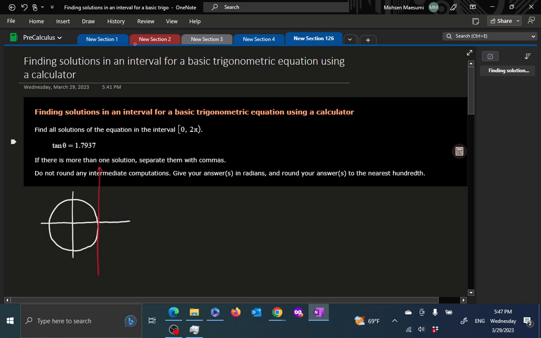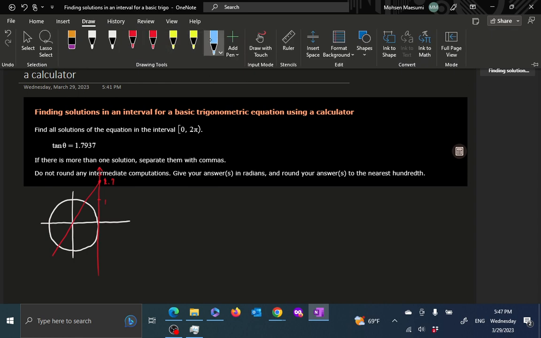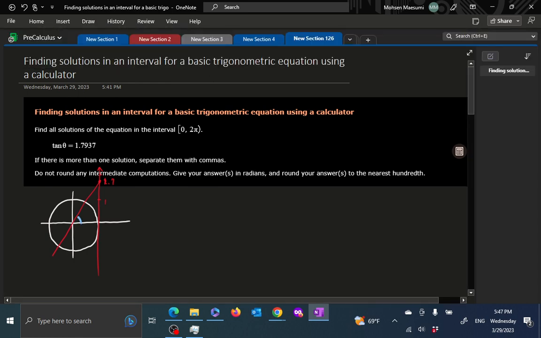On that tangent axis, we go and find 1.7. So remember, radius is 1. So if this is 2, here is more or less where 1.7, etc. will be. Take that, connect it to the origin, go to the other side. The angles that you see formed are what we are looking for. This is one answer. This is the other one.